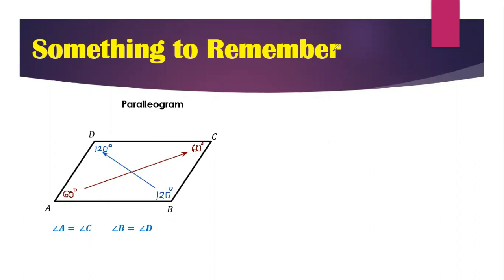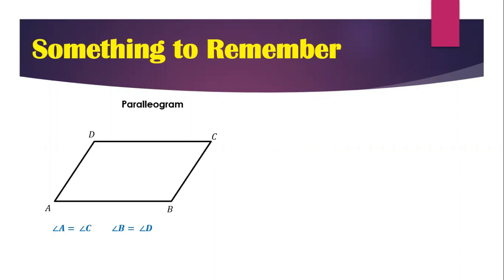Do we have another characteristic? Of course. For a parallelogram, AB is parallel to DC. Once again, AB is parallel to DC. Right?